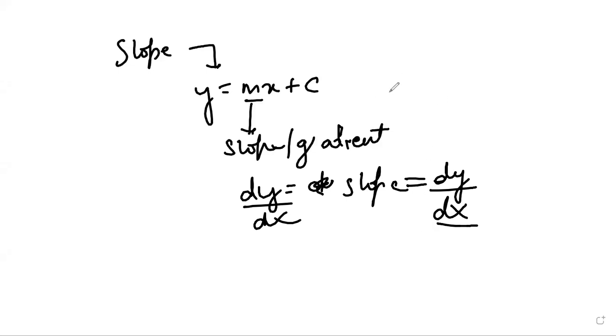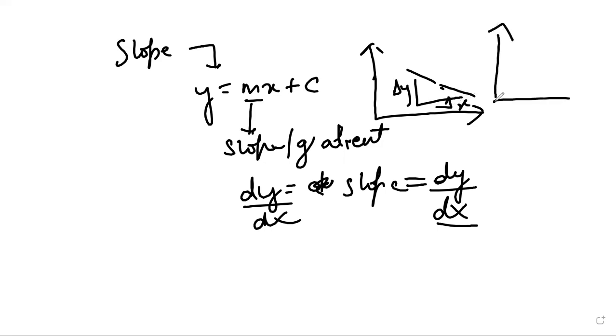Now, if you want to depict it graphically, how do we calculate the slope of any curve or any line? For a line, I've already told you, it's simply delta y by delta x. Now, when we are trying to find out the slope of a curve, what is the way?